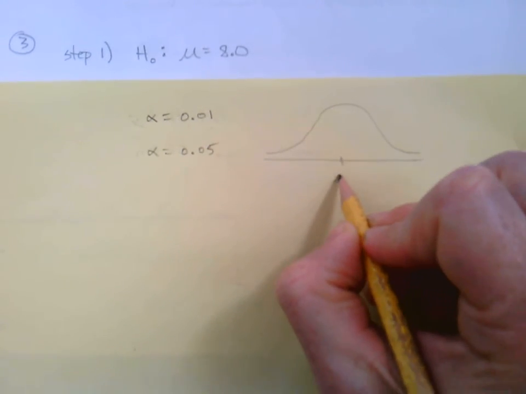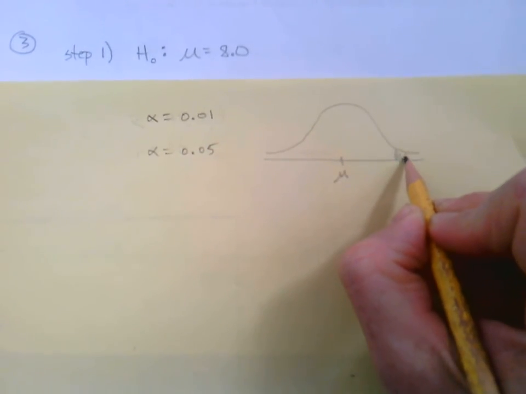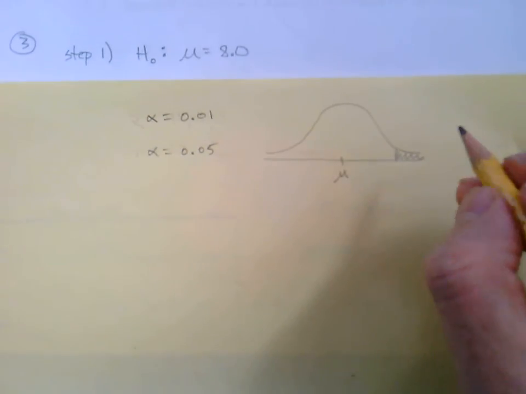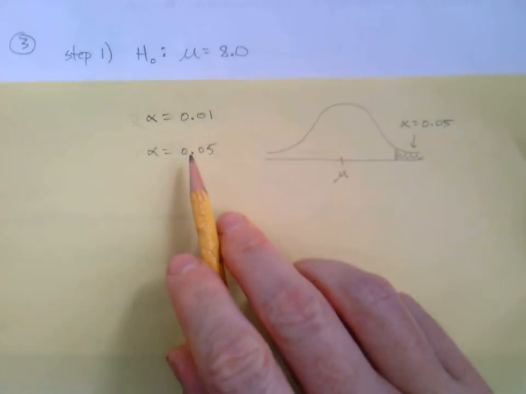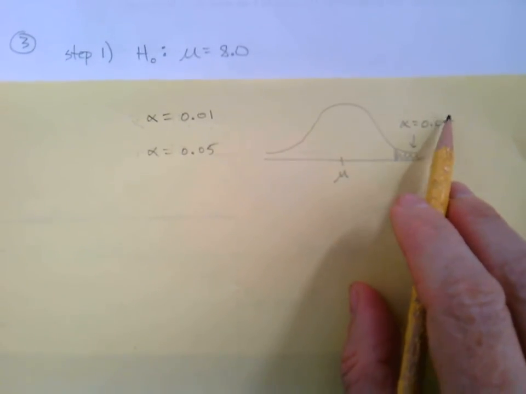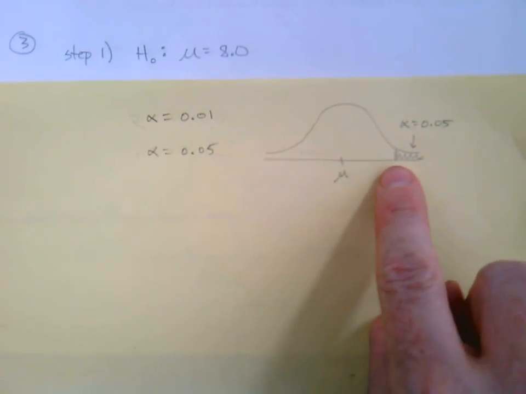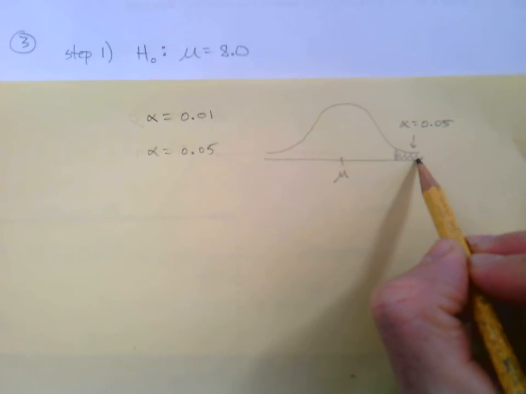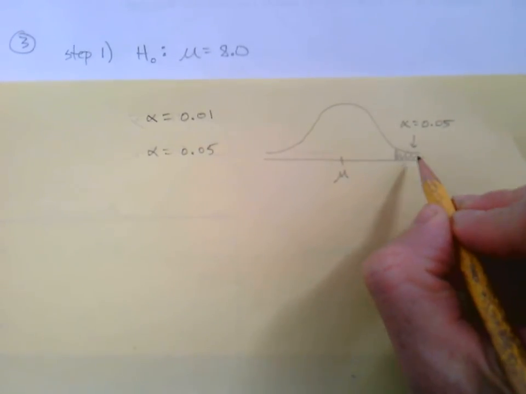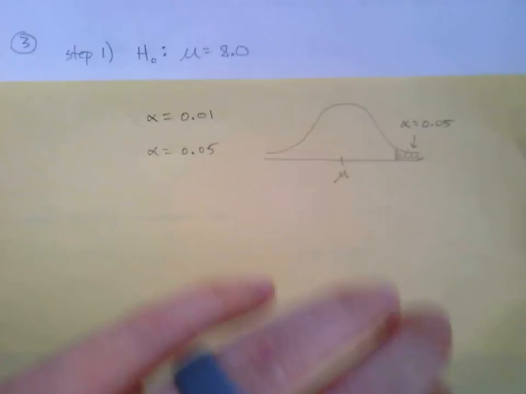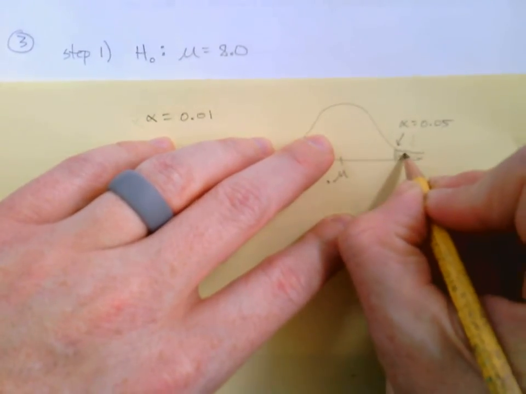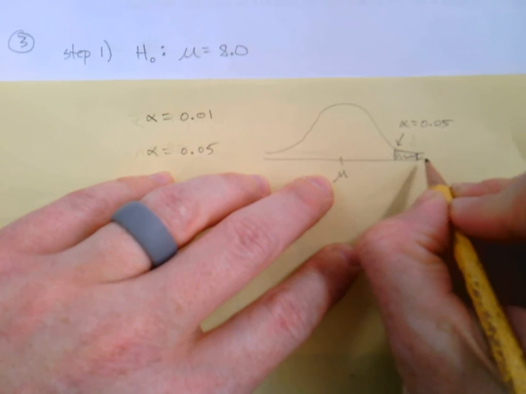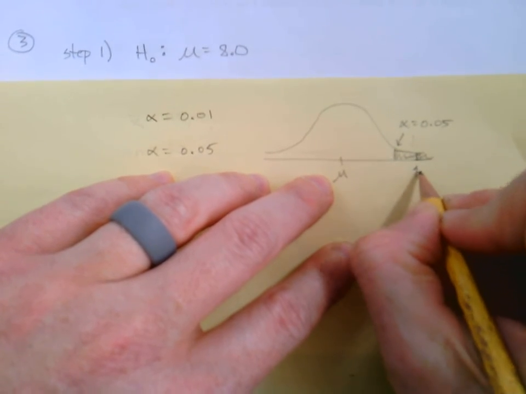So in the last problem, our shaded region was way up here, right? And it represented the top 5%, 0.05. Well, if we were to change that to 0.01, then that moves it even further down, right? So if 0.05 is where we draw this line, then 0.01 is going to be way further.